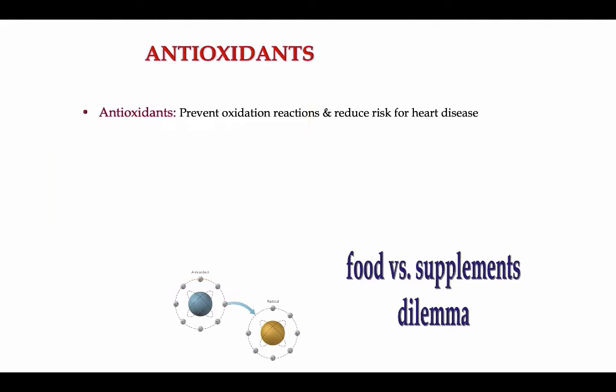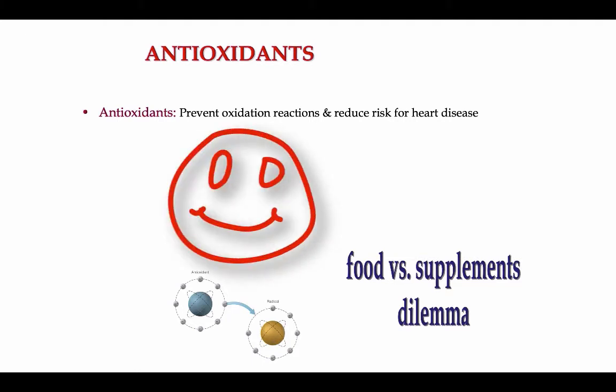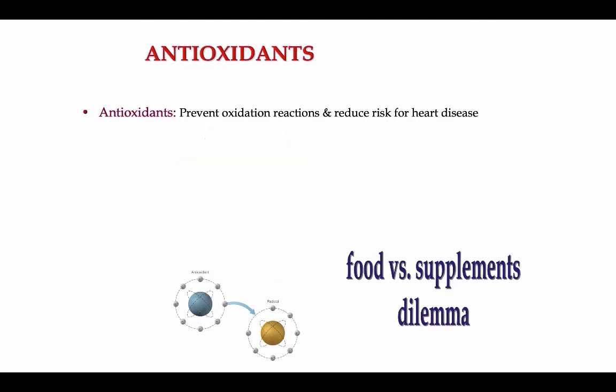What I want to tell you, I have here the food versus supplement dilemma. Well, of course, this is a nutrition class, so of course I'm going with food. But let me just talk a little bit about antioxidants. Antioxidants prevent oxidation. If oxidants or reactive oxygen species cause oxidation, antioxidants prevent that reaction or reduce that reaction, thus reducing risk for heart disease.